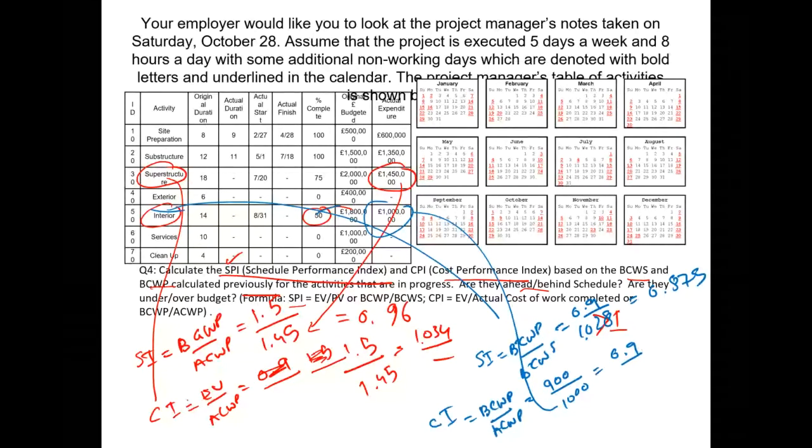So in terms of a cost index, again, it is less than 1. So a value less than 1 means that this is a project which is behind schedule, and 0.9 indicates it's a project which is slightly over budget, right? So 0.9 is close to 1. If it is 0.6 or 0.5, then we will say it's substantially running over budget.